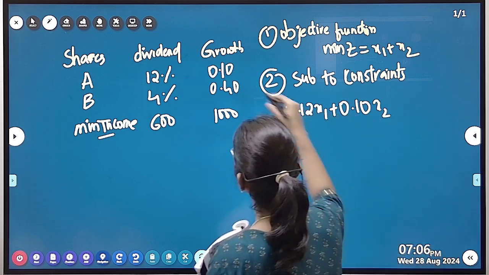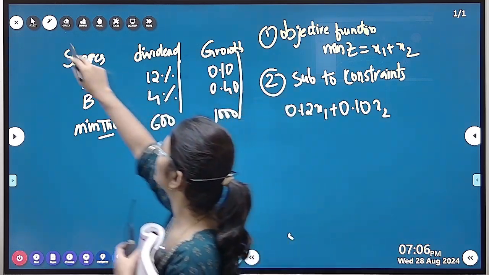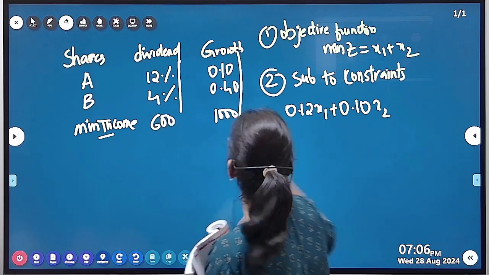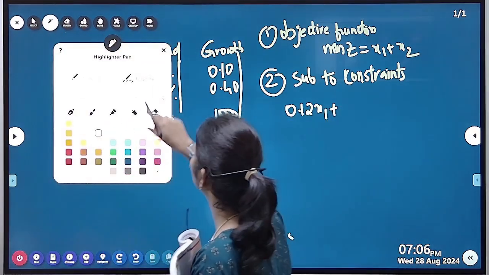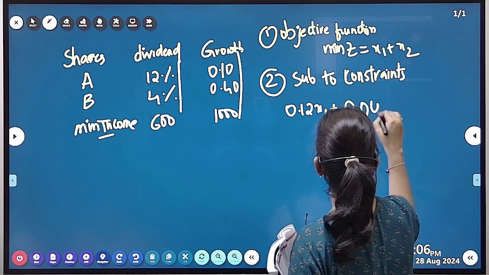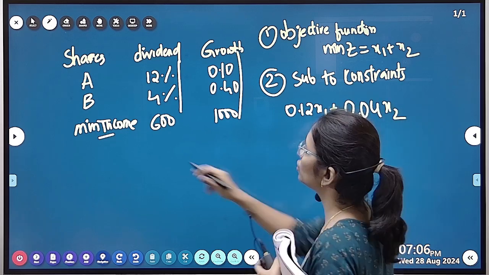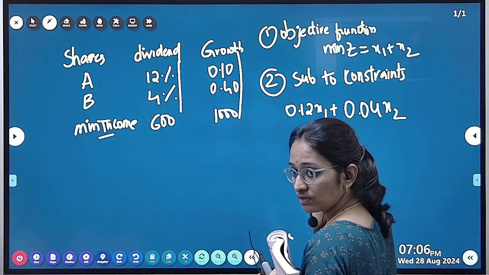Acha, no, it's not. This one and this one you need to take. You are telling this one, I will also tell this. 0.4, right? It's 0.4. 0.04 x2. It should be how much? Minimum income should be of 600.